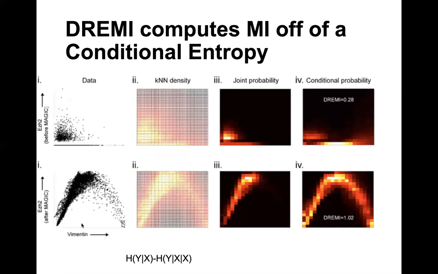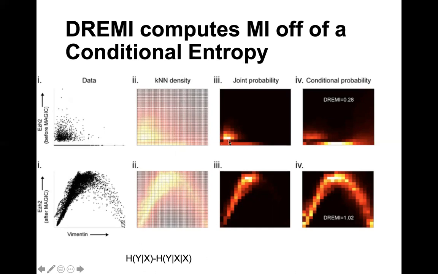And the way DREMI does it is it takes this joint probability and computes what's called a conditional probability estimate. So here you have data. You can compute density of the data by dividing the data up into bins and seeing the probability that it falls into one of these bins.